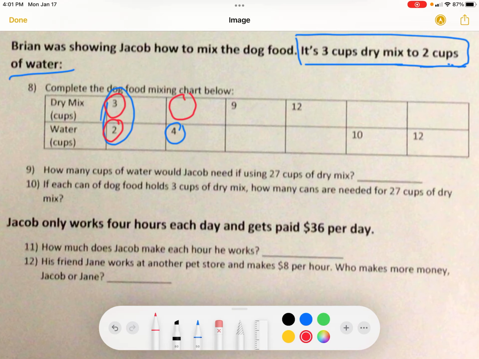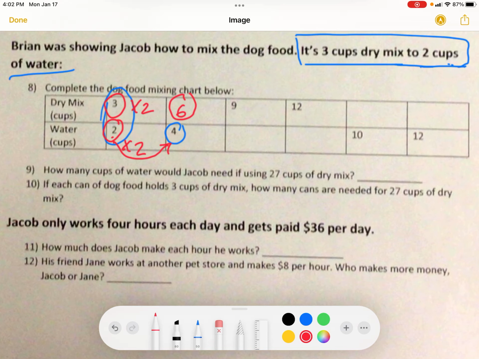And how do I know I'm making it bigger? Because I'm going from 2 cups of water to 4 cups of water. How much bigger? Going from 2 to 4 is being multiplied by 2, because 2 times 2 is 4. Therefore I'll have to multiply my dry mix also by 2. And when I do 3 times 2, my answer is 6.